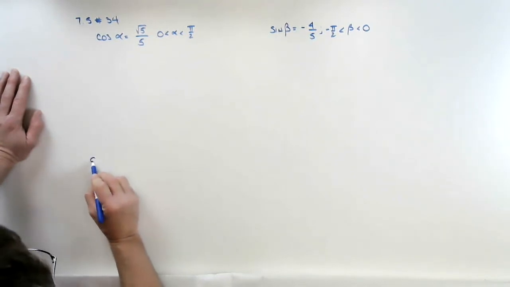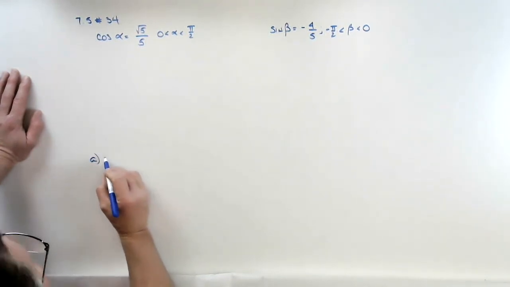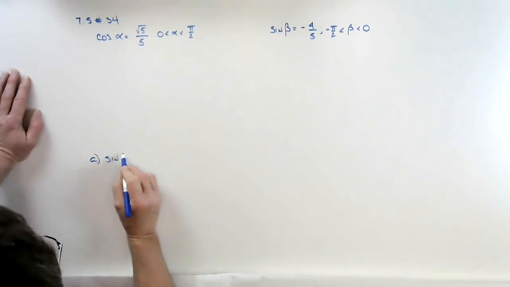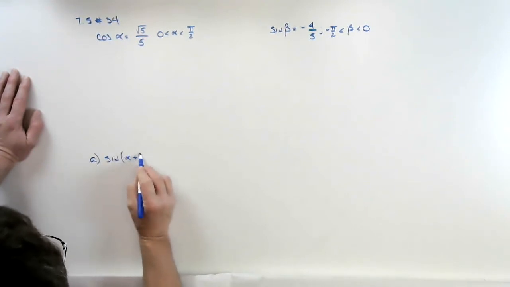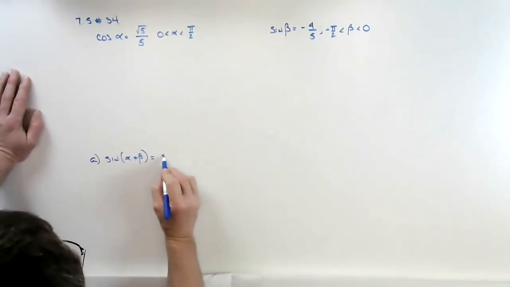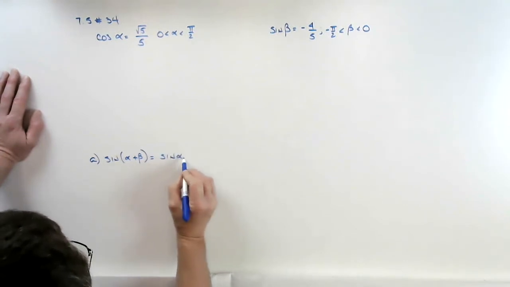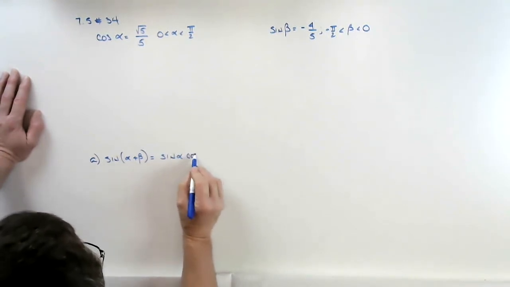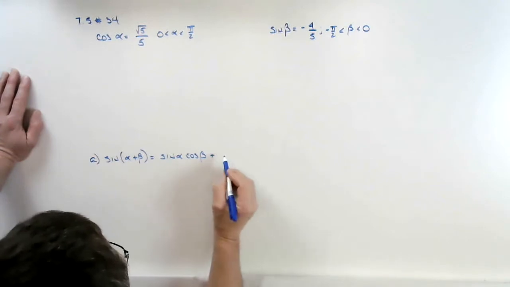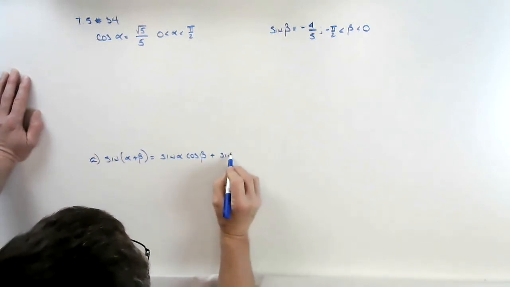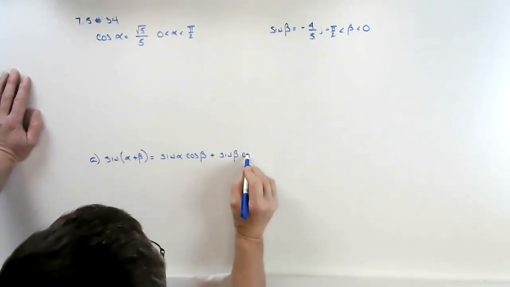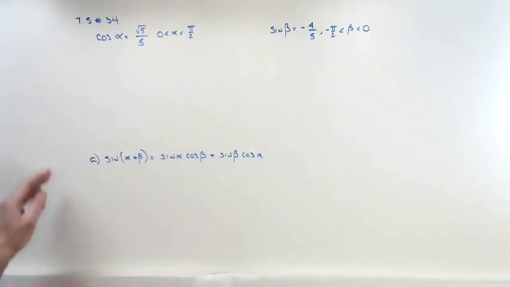So part A says, find the sine of alpha plus beta. Now we know from our identities that that's sine alpha, cosine of beta, plus the sine of beta, the cosine of alpha. That's what we know the identity is.